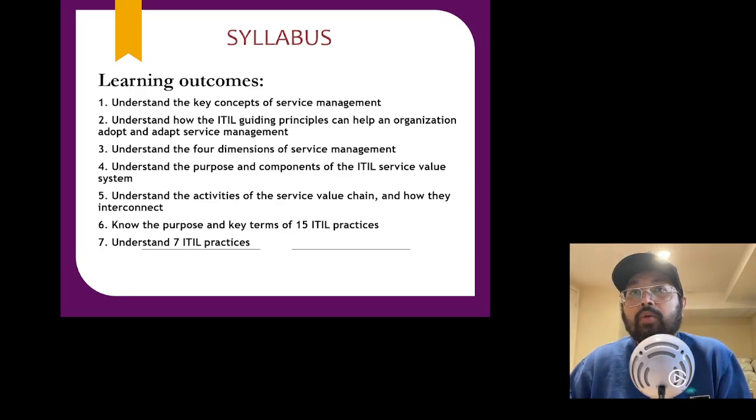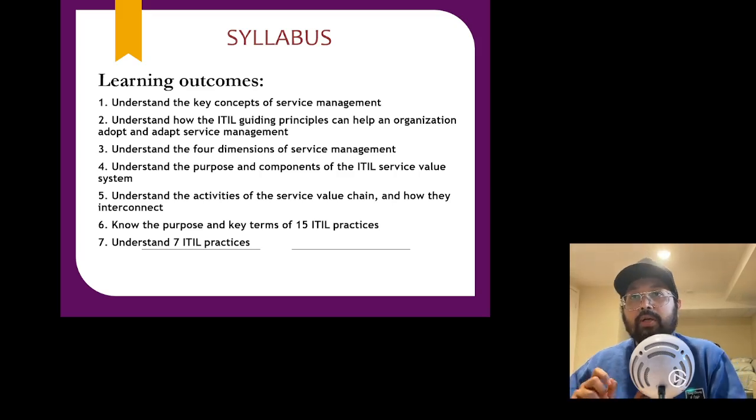ITIL Foundation 4 test is composed of a syllabus, and this syllabus discusses 7 learning outcomes. So here are the main 7 learning outcomes. Number 1 is understand the key concepts of service management, and number 2 is understand how ITIL guiding principles can help an organization adopt and adapt service management.